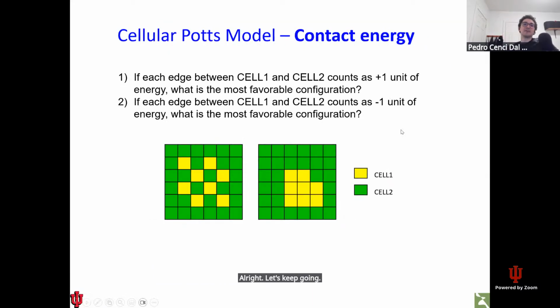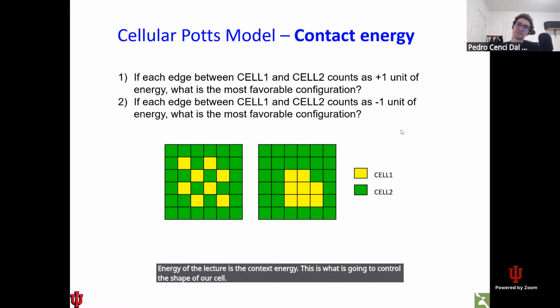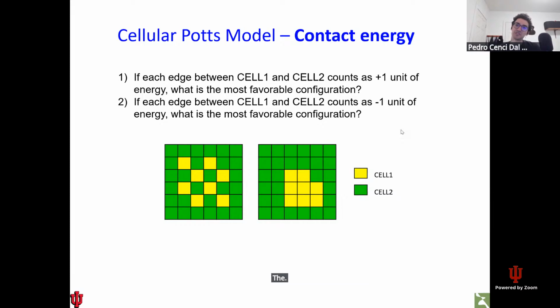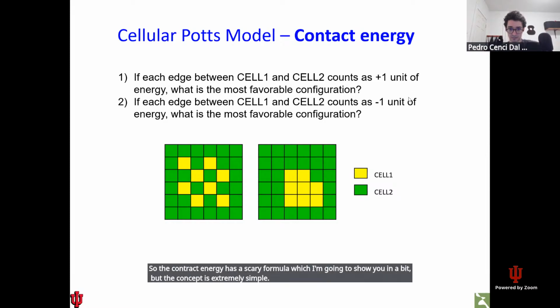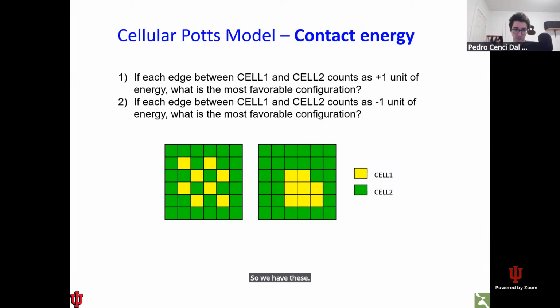Next, our final energy of the lecture is the contact energy. This is what is going to control the shape of our cell, or the edge behavior of our cell. Okay? So the contact energy has a scary formula, which I'm going to show in a bit, but the concept is extremely simple. So we have these two different states.